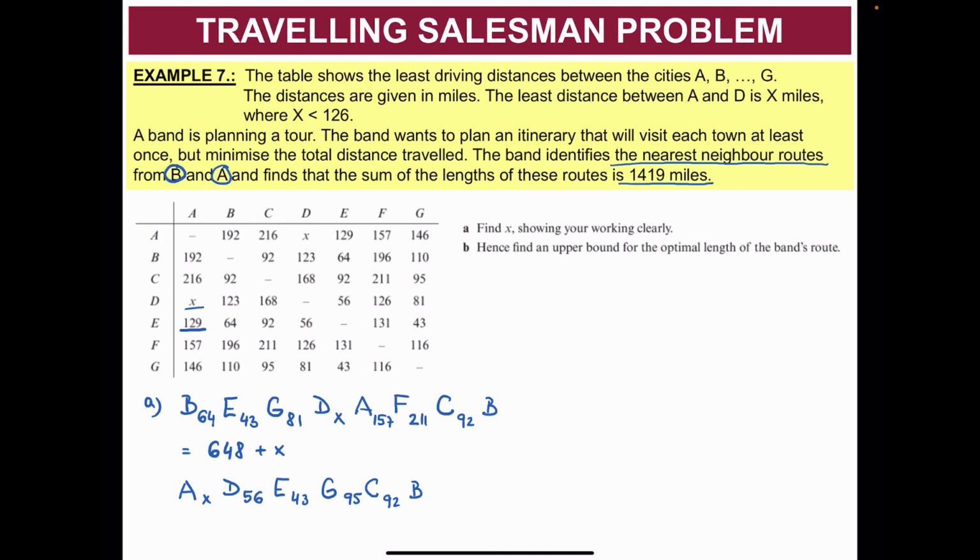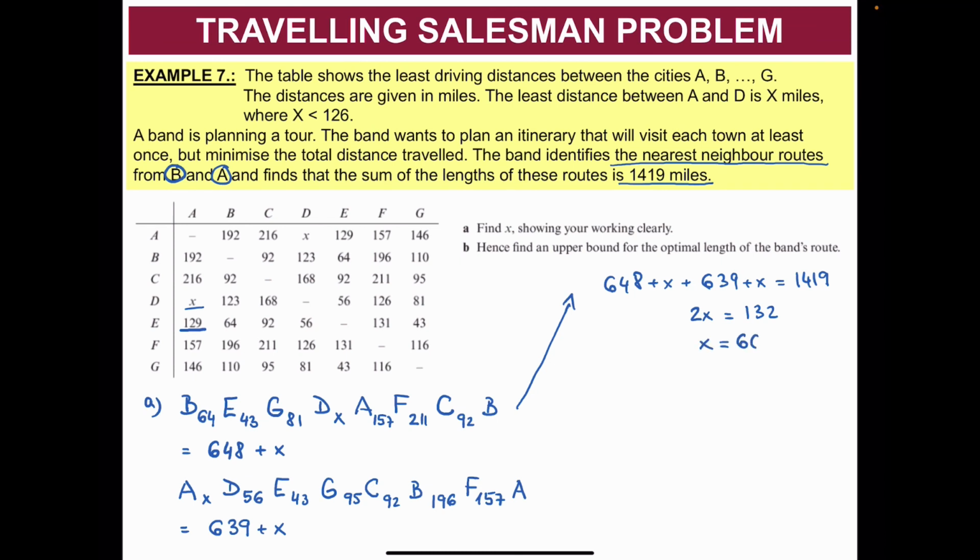And that will take me to F. 157 will take me back to A. So in this case, I'll get 639, also plus X. And because they told me that their sum is 1419, I'll just use this information: X plus 639 plus X is 1419. And this gives me 2X on one side, and on the other side will be 132, so X will be 66.